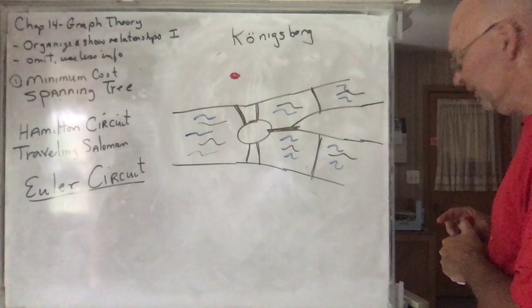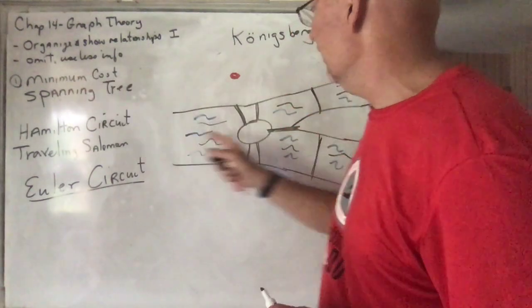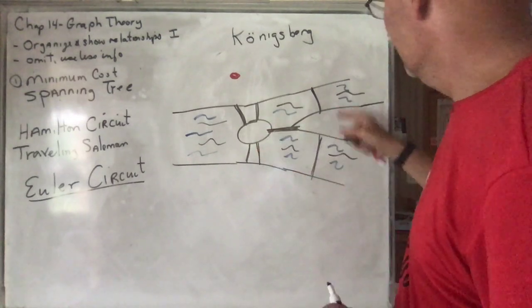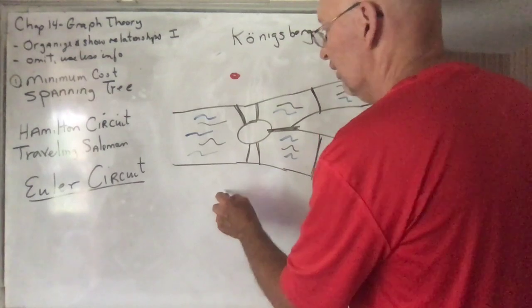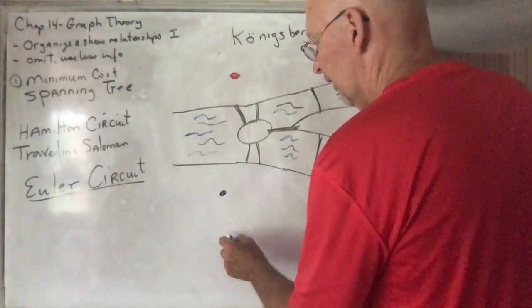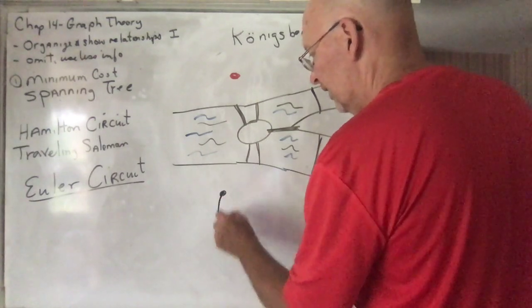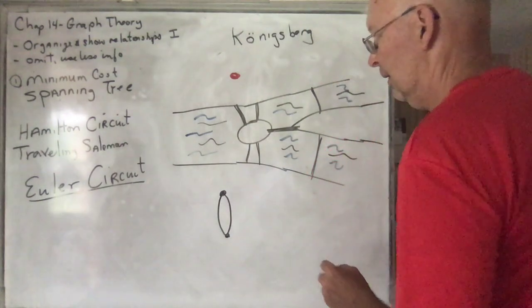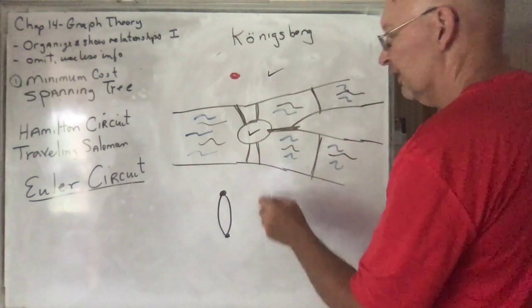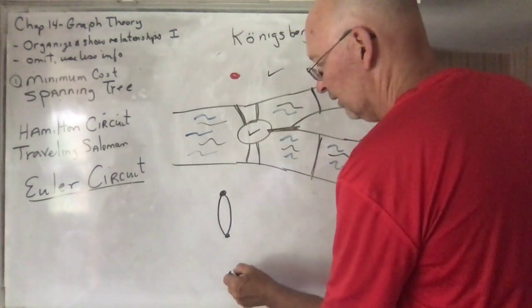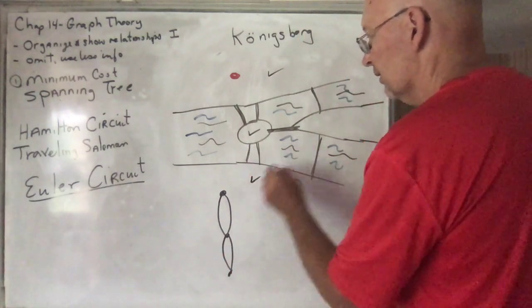So this is an example, again, of making another graph. We don't need the fact that this is an island. All we need is that we're starting here. We've got another point here, and we've got two bridges, two ways to get from there to there. Then you've got this piece of land, and this piece of land down here, and two bridges that go from here to here.